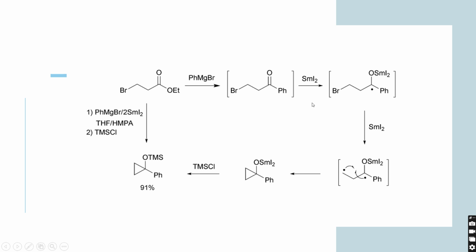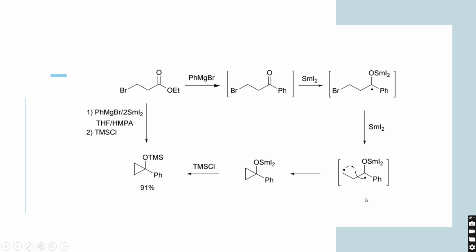Then single electron transfer from the samarium center will take place at this ketone carbon. Then another electron from the samarium iodide molecule will be transferred to the substrate to cleave this carbon bromine bond. So we get a highly unstable diradical species in the course of the reaction.